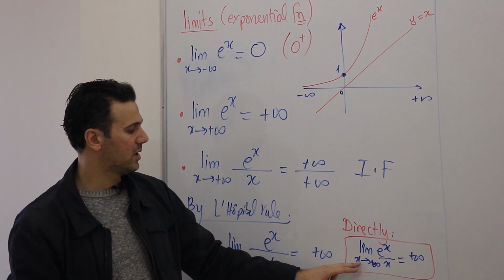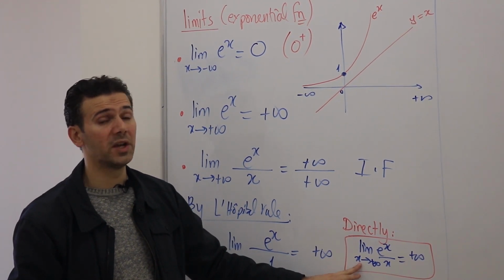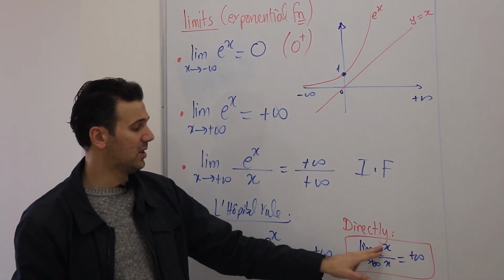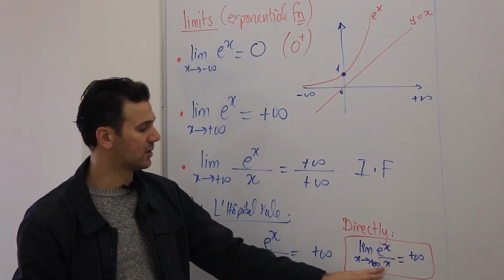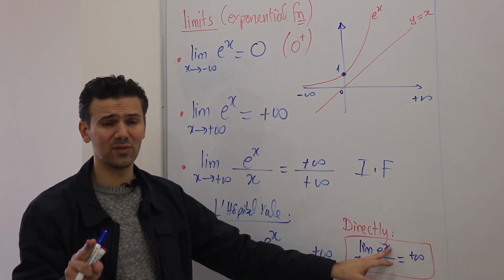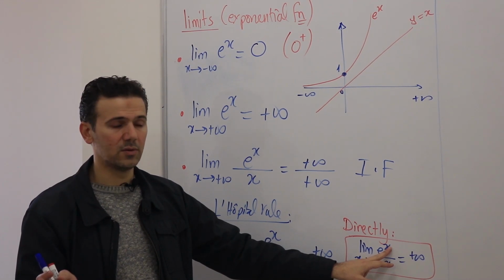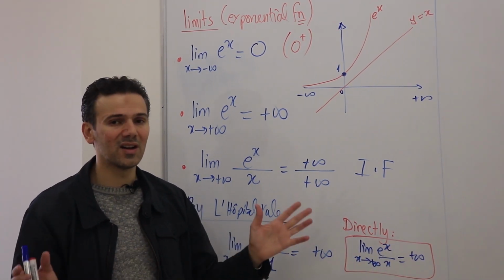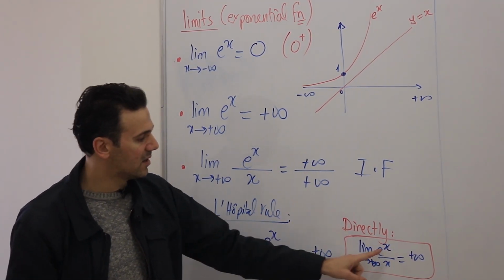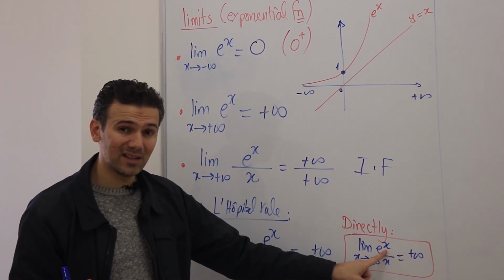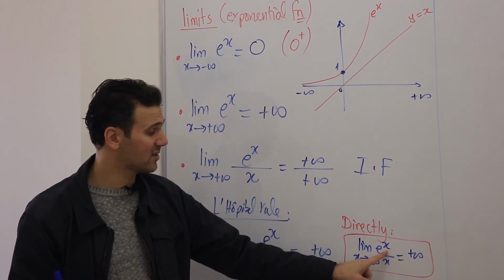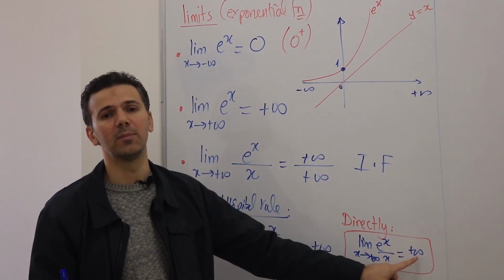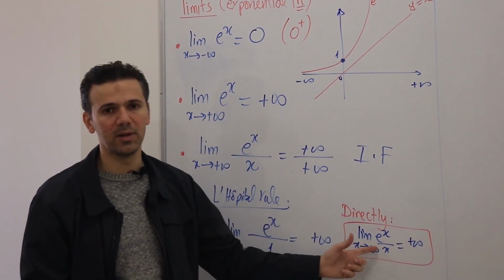If x tends, let's say, to 100, this will be e power 100 over 100. E power 100, if you use your calculator, you can't use it since it is a very, very large number. So we say that this e^x, the numerator, goes to infinity faster than x. Thus, the result will be plus infinity over number, so it will be plus infinity.